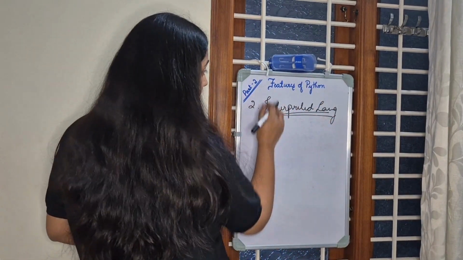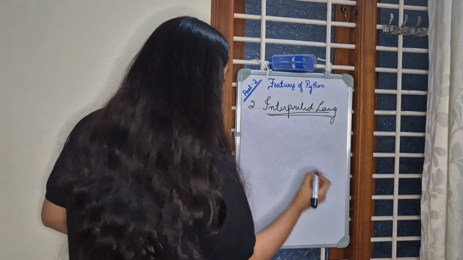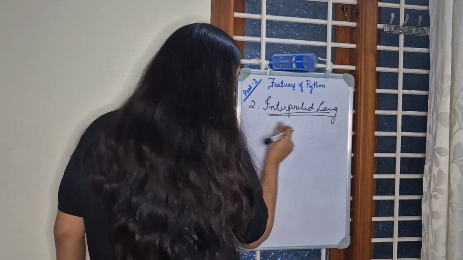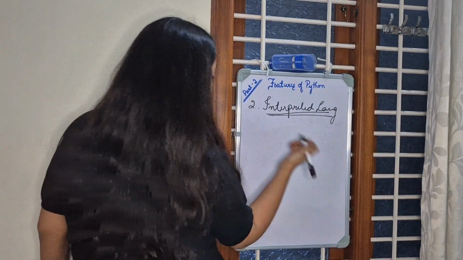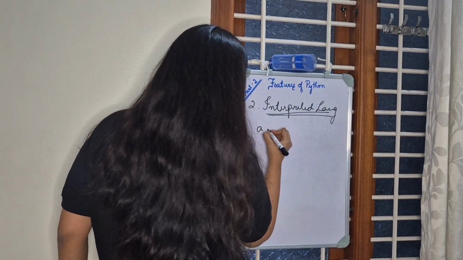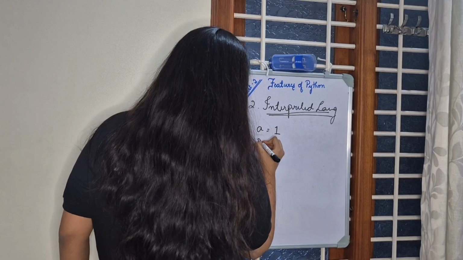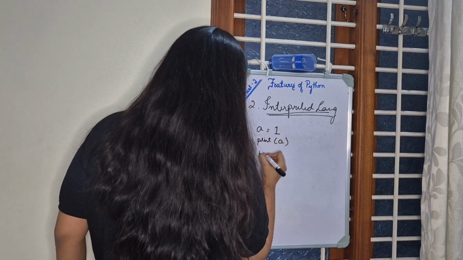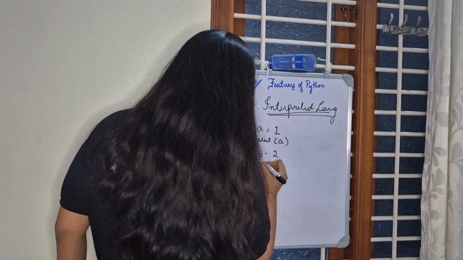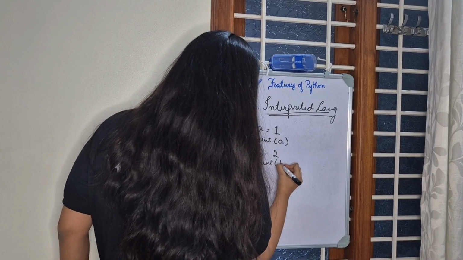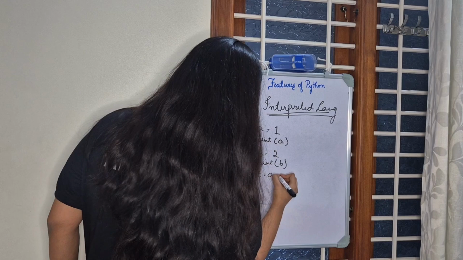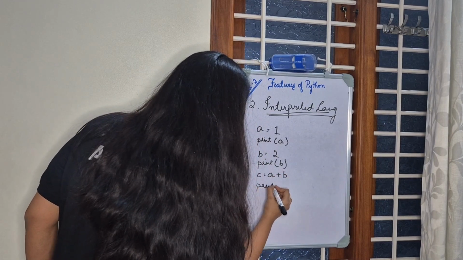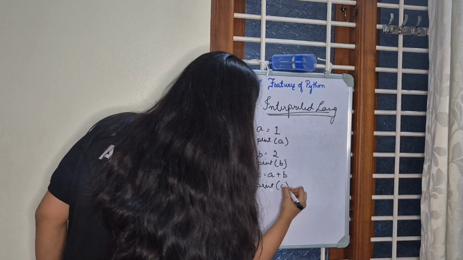In Python, this is a feature of Python being an interpreted language. If you write the Python code, in this case you don't have to write int main and all of that. You just write a equals 1, print a, then b equals 2, print b, then c equals a plus b, print c.